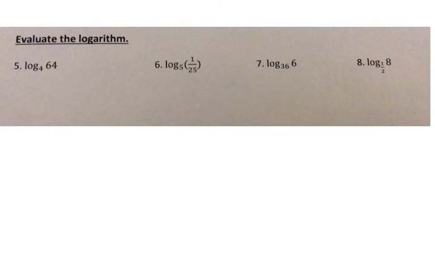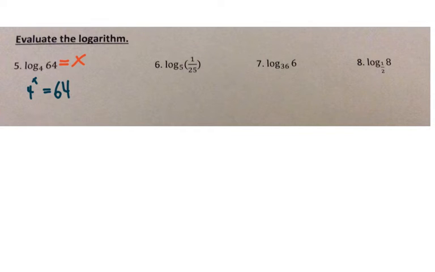Alright, so evaluating a logarithm. There's lots of different ways that you can do this. What I've found easiest is to set this equal to x, and then from here, write this in exponential form. It'll help you solve it. So 4 is the base of your log, so it's the base of your exponent. This becomes 4 to the x equals 64.